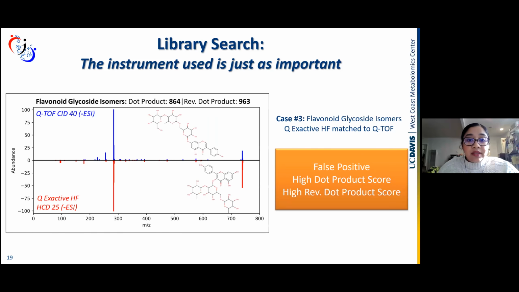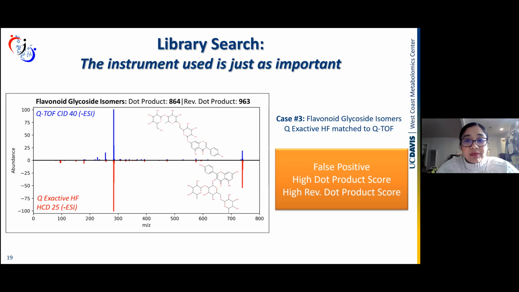The last case is a case of isomers, and it's really a huge problem when you're dealing with mass spectral library searching. This is a flavonoid glycoside isomer. They're not the same compound, they're isomers, but isomers produce very high scores, because similar compounds behave similarly, including in fragmentation.